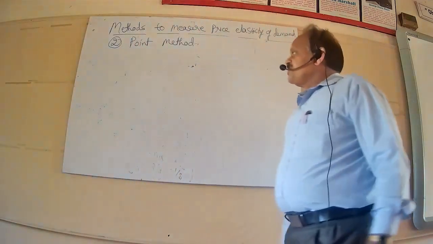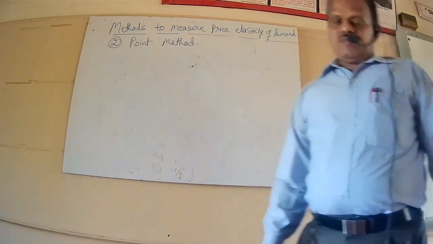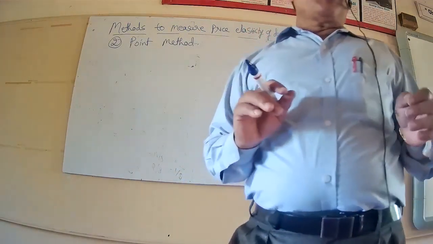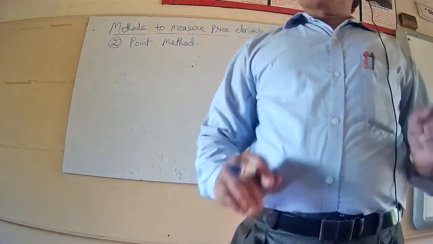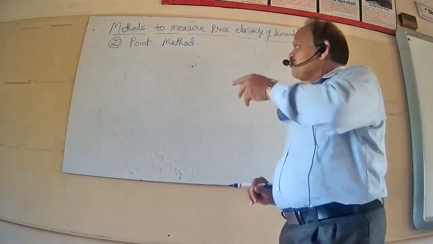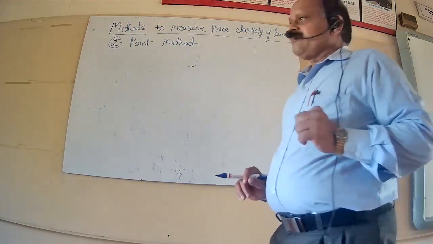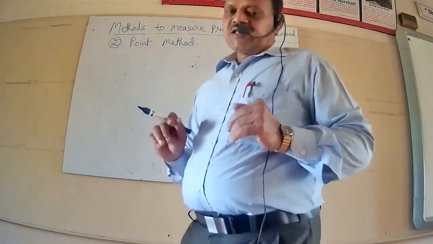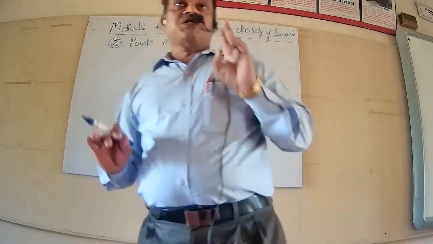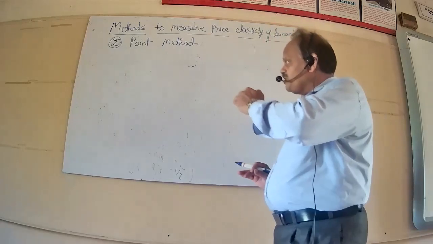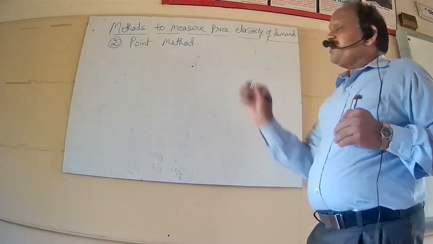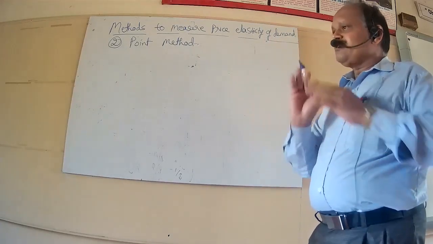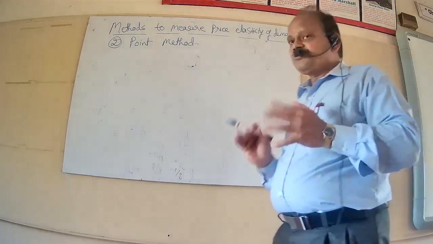In case of the point method, you will find out the price elasticity of demand exactly at a particular point of the demand curve. But here the condition is that we have to consider only the straight line demand curve touching both the axes.